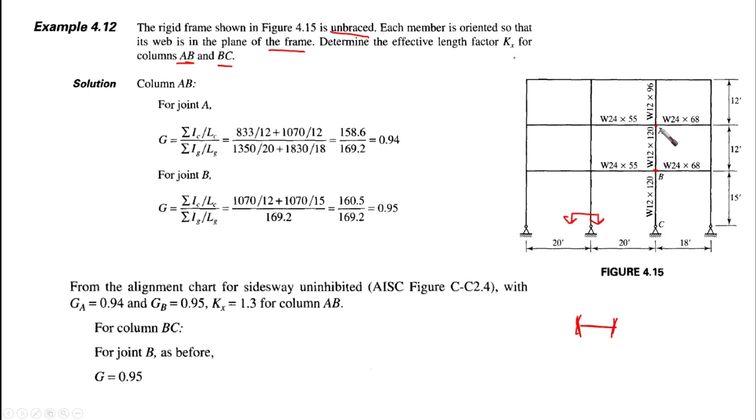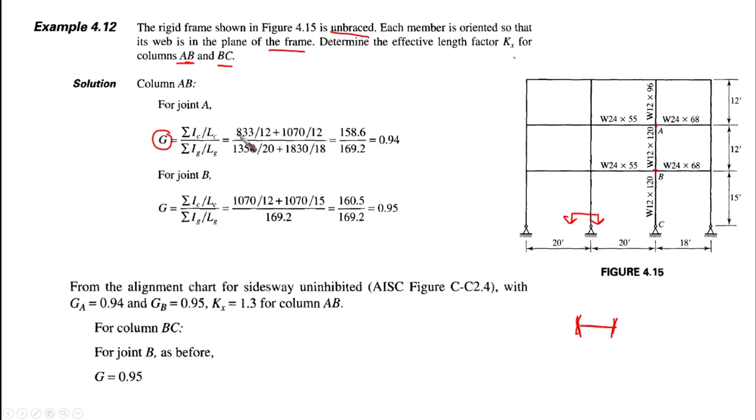Okay, now let's start with column AB and start with point A, joint A. For joint A, we are going to calculate G, which is the ratio between the summation of I column over L column, over the summation of I girder over L girder.